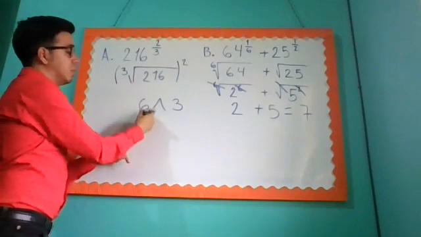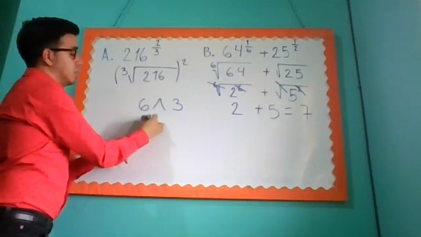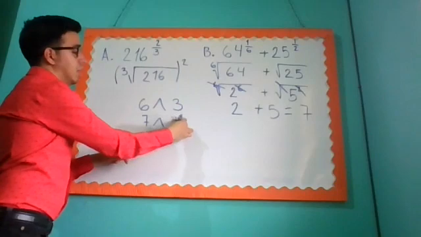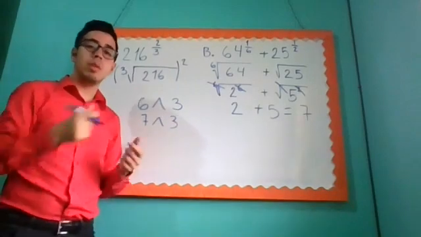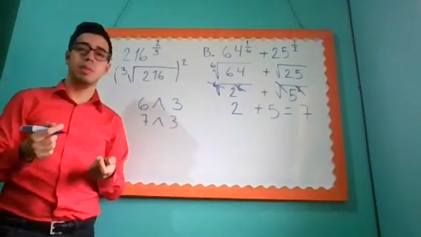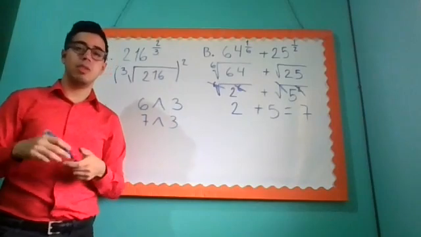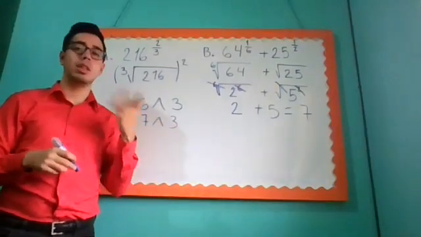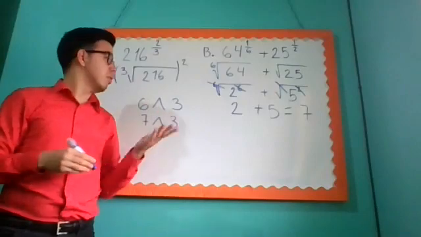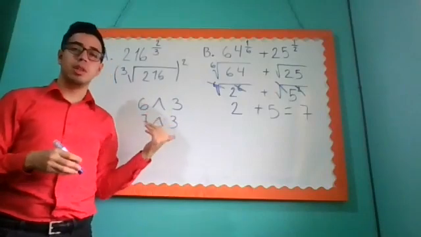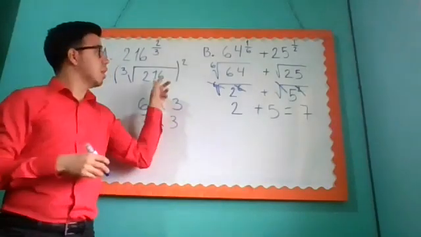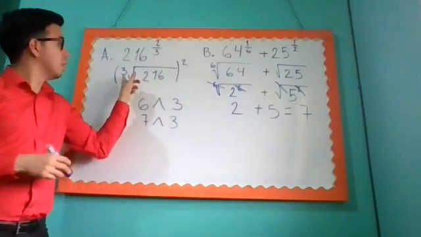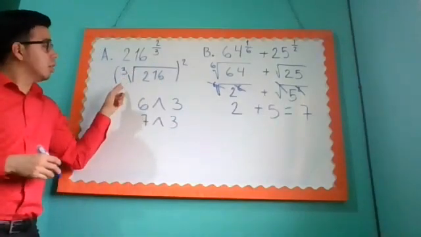Or for example, you can try with other numbers, 7 to the power of 3. If you are not sure what is the number, you start trying with many of them until you find the answer. If you could find it, for example, 7 and 8, 9, okay? If you couldn't find the number, it's because there is none, like in here, for example, there's no perfect cube.